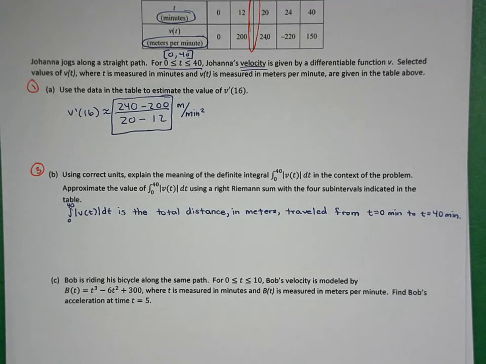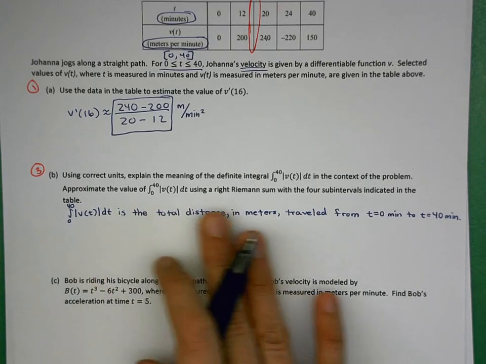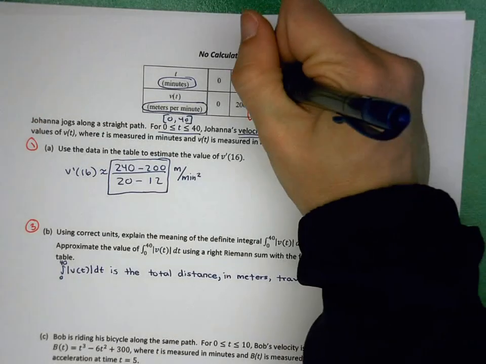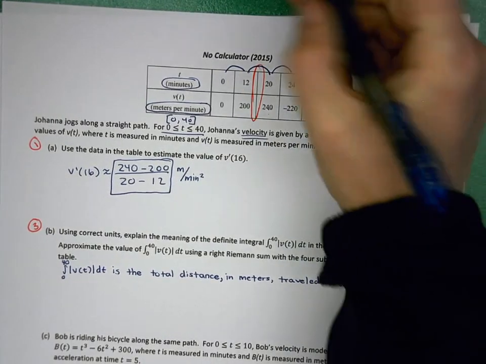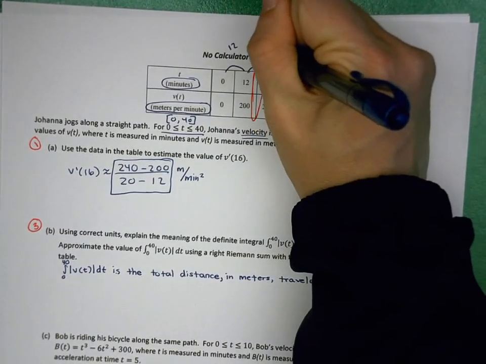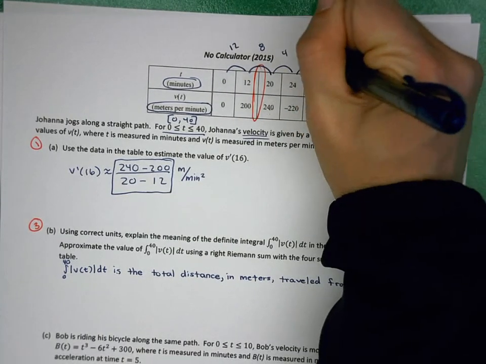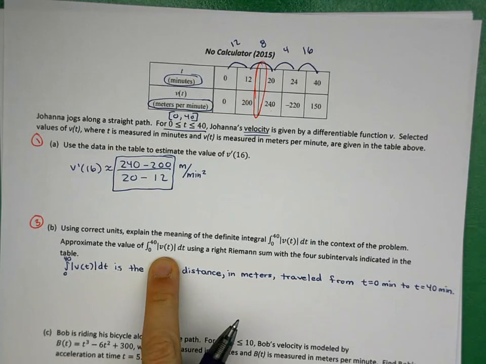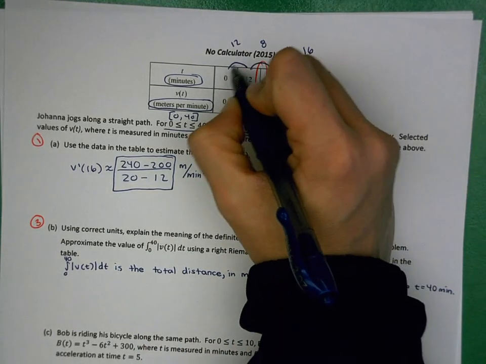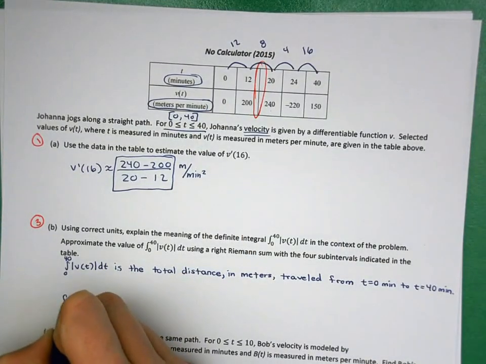We're doing the 4 subintervals from 0 to 40, so 1, 2, 3, 4. But as I do these intervals and set up my right-hand Riemann sum, I want to make sure that I'm keeping in mind that it's the absolute value of my velocity, positive velocities. And so for the right hand, my change here is 12 for my first subinterval.